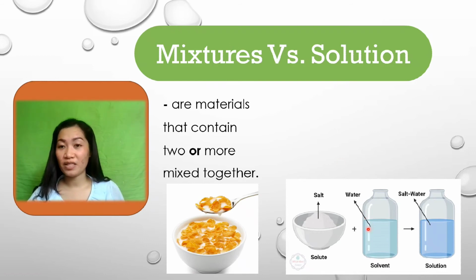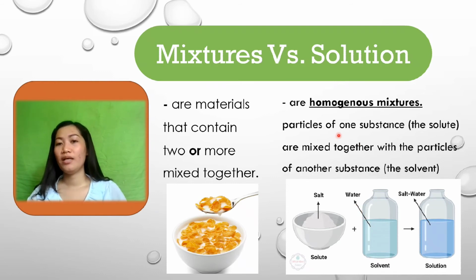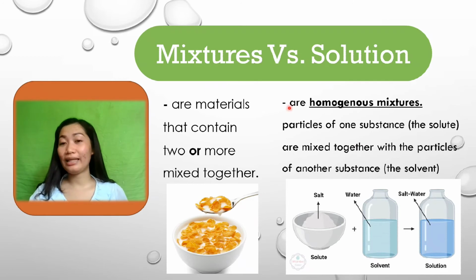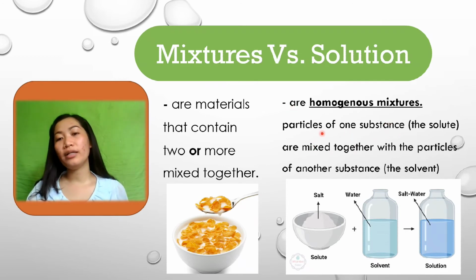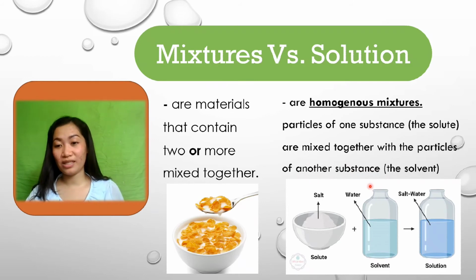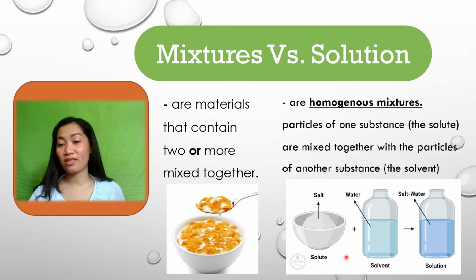But when you say solution, most likely it's a homogeneous mixture. The particles of one substance, or the solute, are mixed together with the particles of another substance, which is the solvent. When we say solution, there is a solute and there is a solvent.